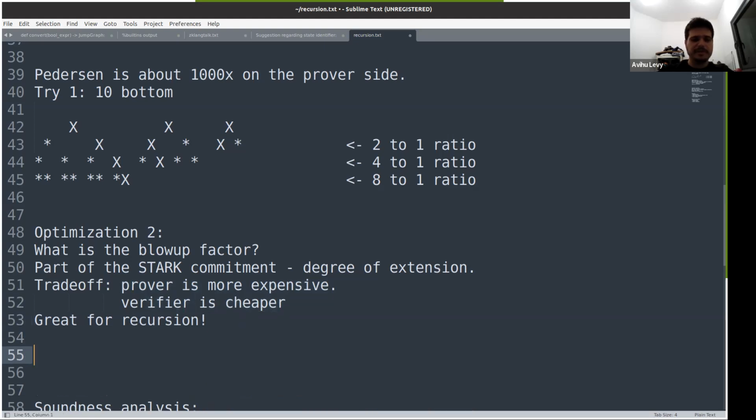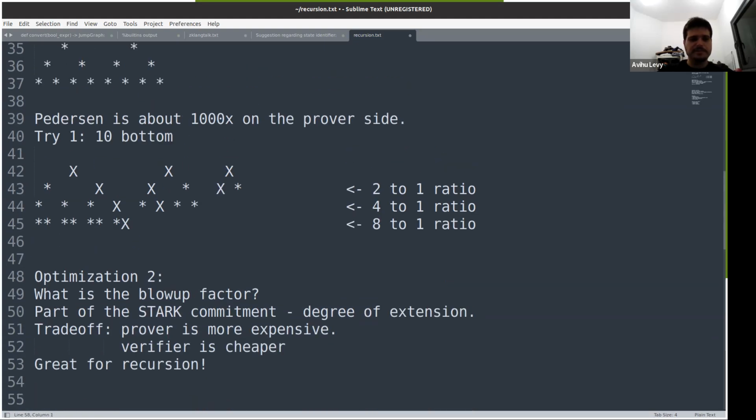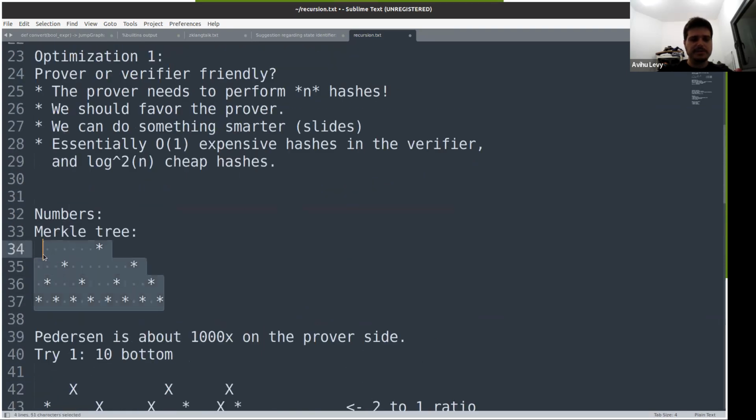We make the prover cheaper and the verification more expensive. If I give an example, if we look at this as the recursion tree, we make every proof, let's say, a fourth of the time of the proof. But this in turn makes the verifier cost 2 times more. But we do the same thing here. We make the proving of this layer cheaper, and this costs 2 times more for the proving.